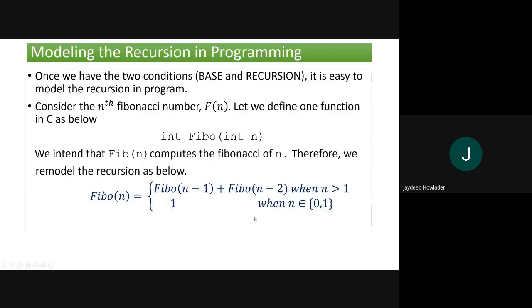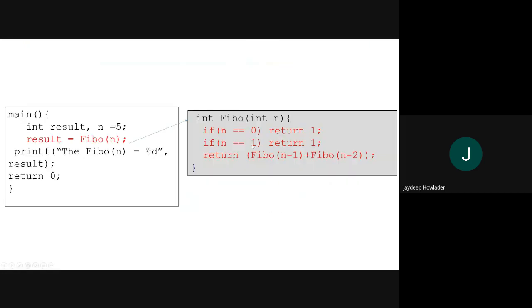The condition is that when n equals 0, I return 1. When n equals 1, I return 1. Otherwise, what will it return?